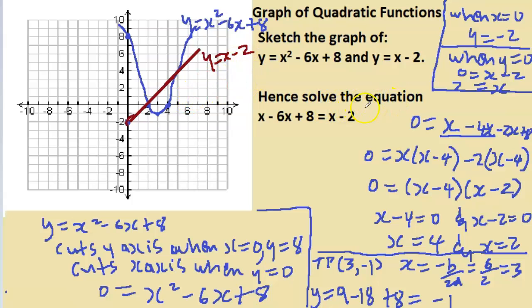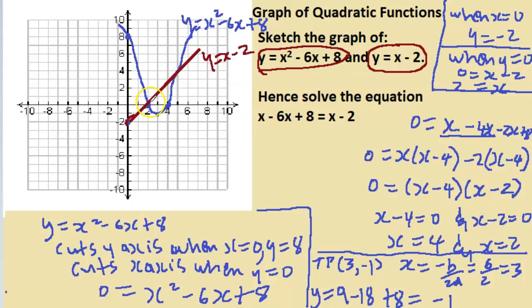And now we're asked to solve the equation. Notice the solution to this equation is where the line intersects the curve, which is at 2 places. So the line intersects the curve where? When x is 2, notice when x is 2, it touches the curve.